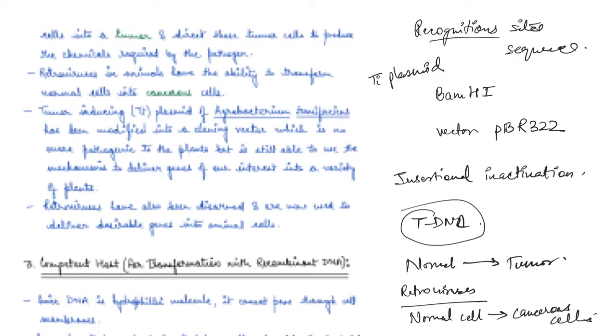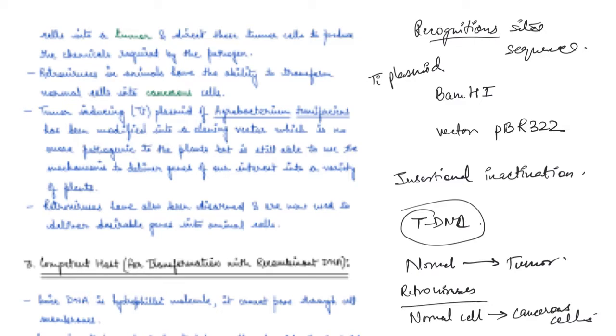So it will not cause tumor and will still be able to use the mechanism to deliver a gene of our interest into a variety of plants. Right? In a similar way, we have disarmed retroviruses as well, and we use these retroviruses to deliver desirable genes into animal cells, right? So guys, the second tool basically we saw is the importance of cloning vectors.